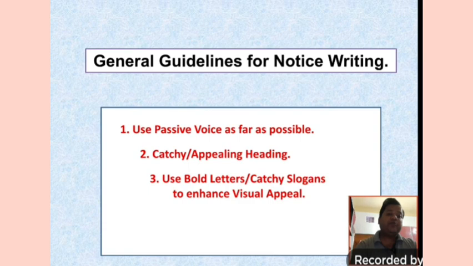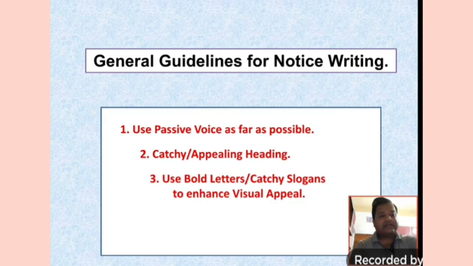Then, while writing a notice, we should make use of bold letters and catchy slogans, because when you use catchy slogans and bold letters in your notice, then it enhances the visual appeal. It enhances the visual appeal for the readers, and they feel attracted towards the notice and they want to read it.